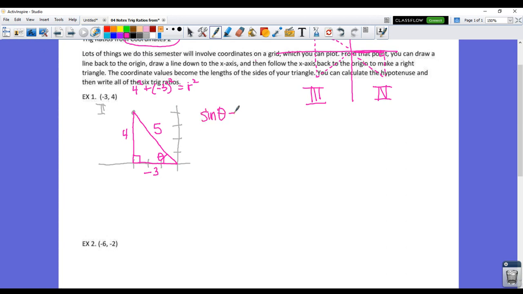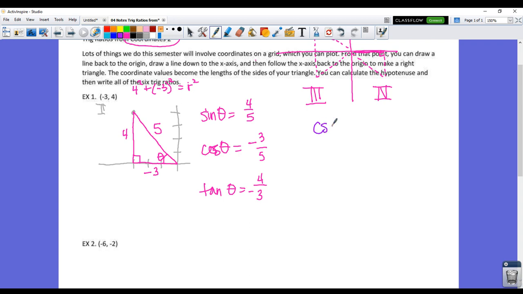So the sine is 4/5, opposite over hypotenuse. The cosine is -3/5 because the x value, the adjacent side, is negative. And the tangent is also going to be negative because it's 4 over -3. If one part of your fraction is negative, then the whole thing is negative.